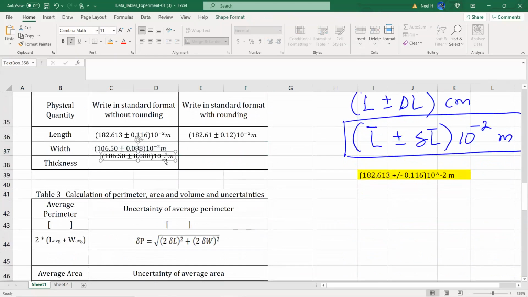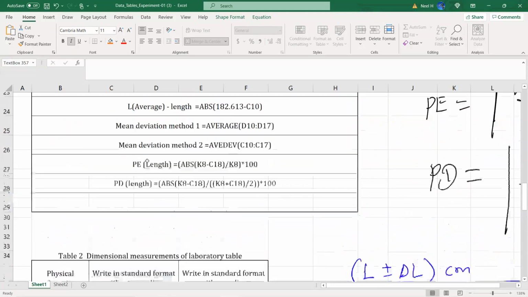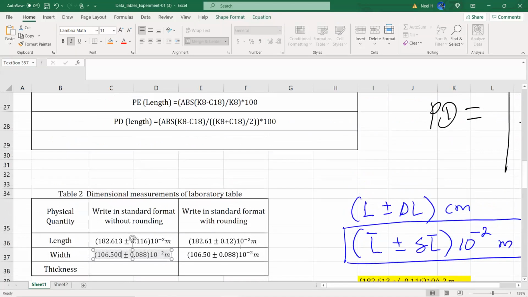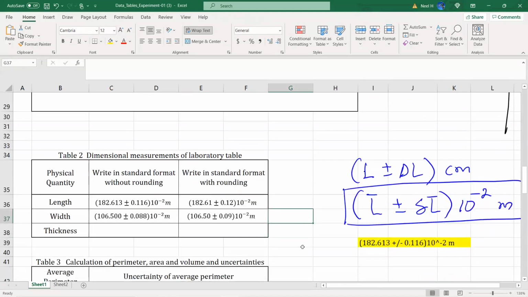Then make a copy of that, move it to here, get rid of 1 decimal place. Actually, we're going to write 500 to reflect 3 significant figures, right? Yeah, 3 decimal places. Good. And then let's cut down one of these here. Make sure the rounding, that 0.088 to 0.09. Okay, guys. So that's for the width.